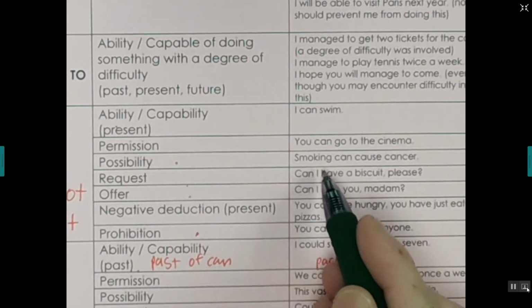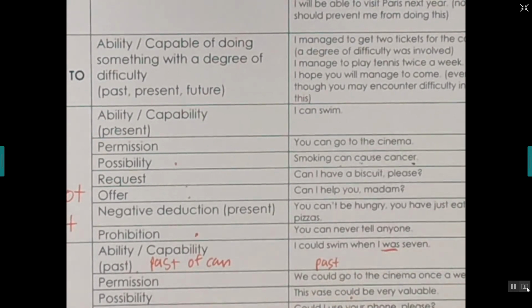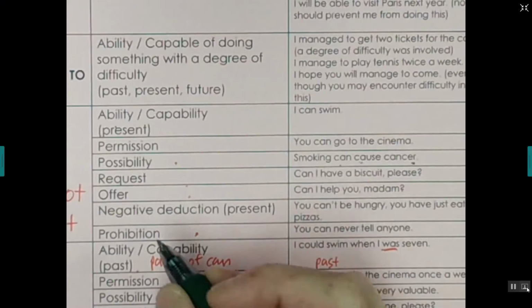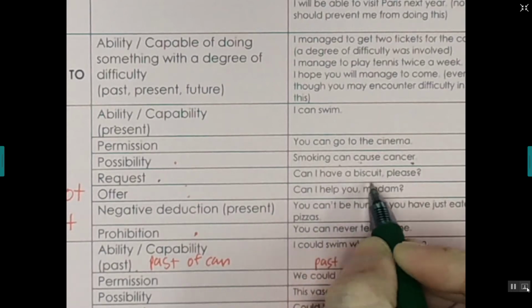Possibility. Smoking can cause cancer. It's not 100%. Like maybe you'll be lucky. But smoking can cause cancer. A request. So, can I have a biscuit, please? So, can I have a biscuit or can I have a glass of water is not formal.